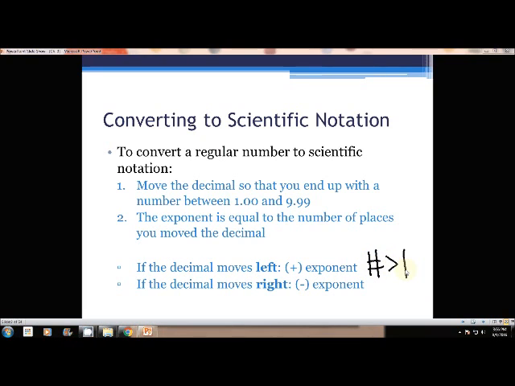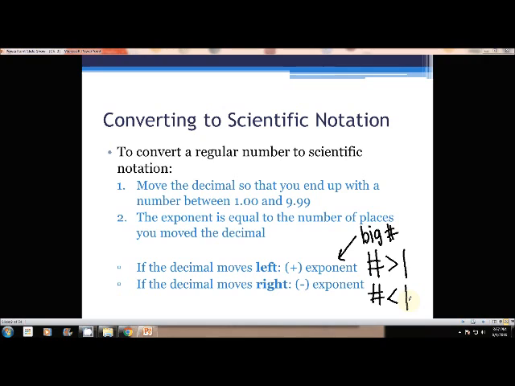It's going to be in the thousands, the hundreds, something like that, even tens. You're moving the decimal left. So another way to think about this is, it's a big number, and that's why it has a positive exponent. We're moving the decimal left to get it less than 10. If it's a negative exponent, we're moving our decimal to the right, and the reason is because the number was less than 1, and we have to get it to be above 1.